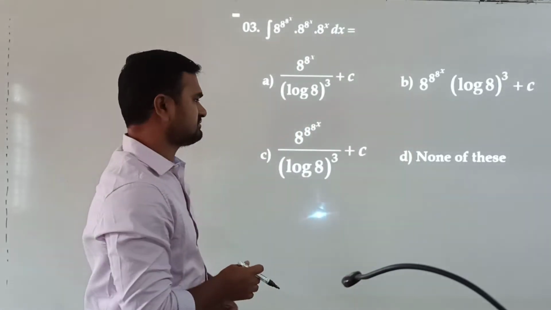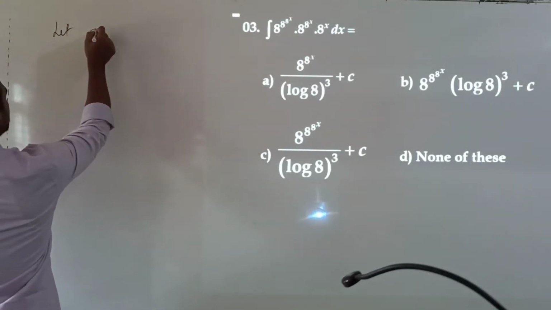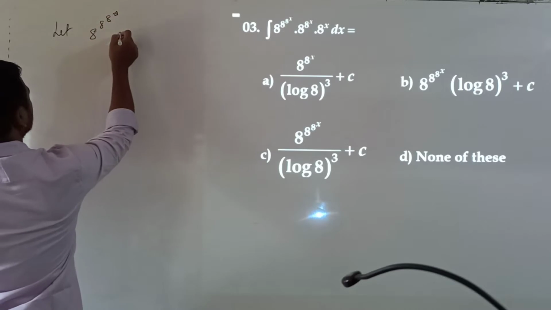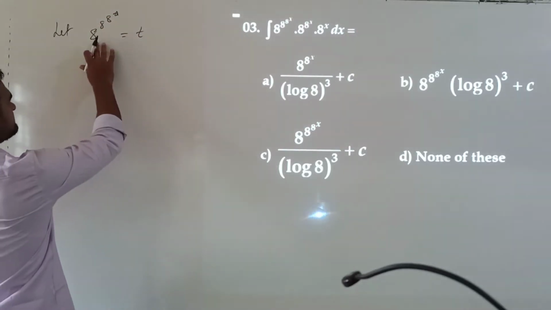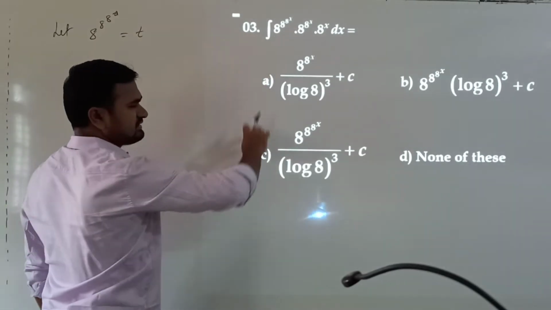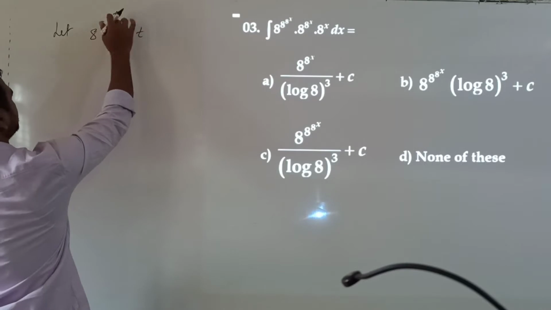So let us make a substitution here. Let 8 power 8 power 8 power x equal to t. Now differentiate this and write this integral in terms of t.